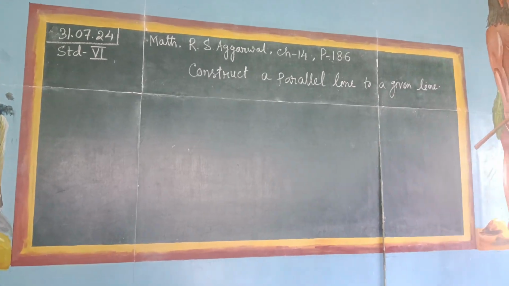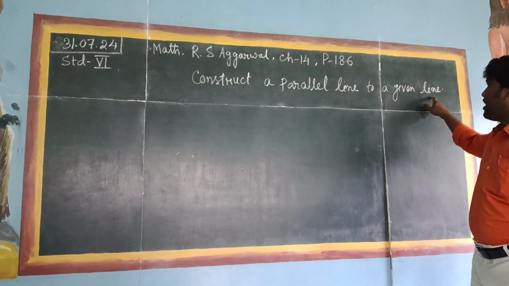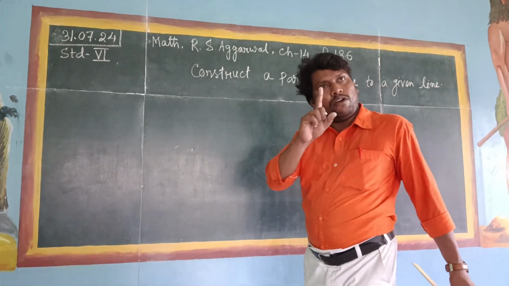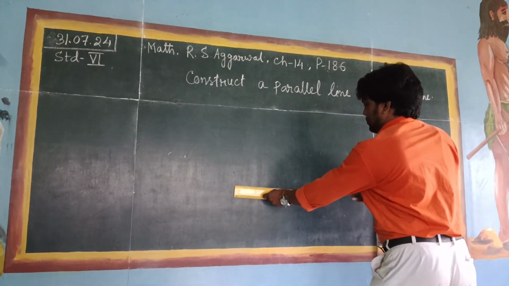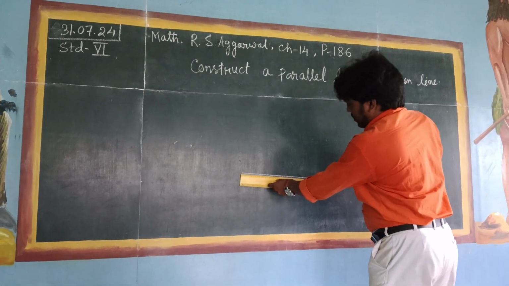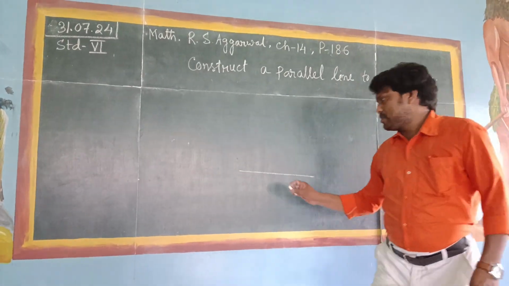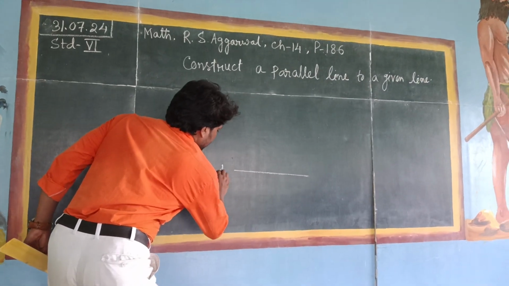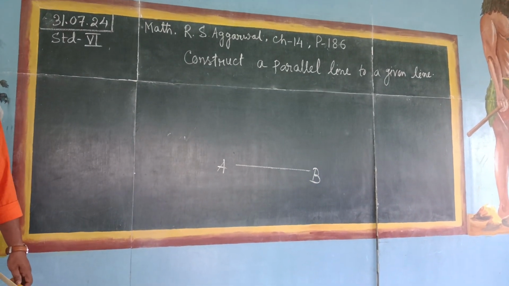Now what is the process? Suppose a given line, that means a line is given. You also draw along with me. Suppose AB is the given line.